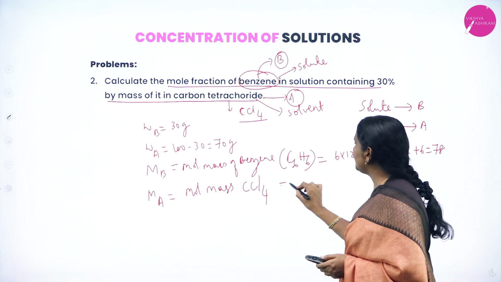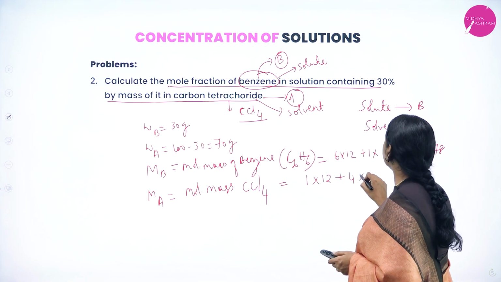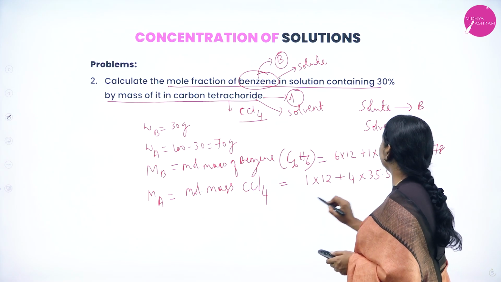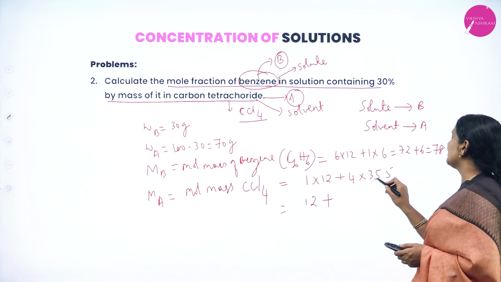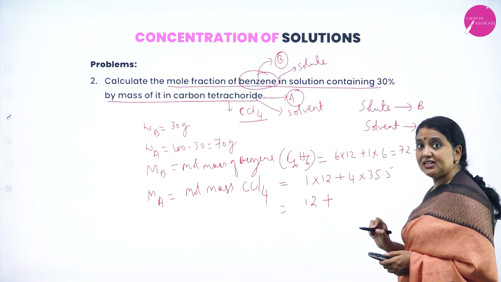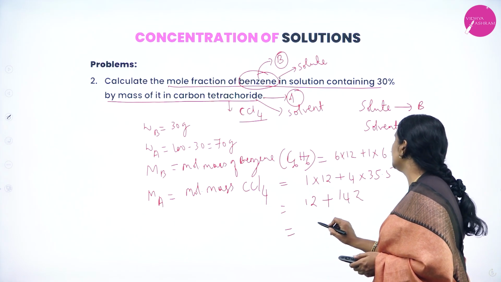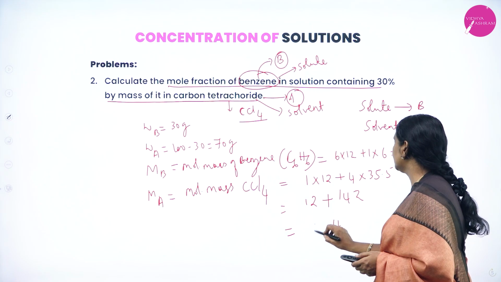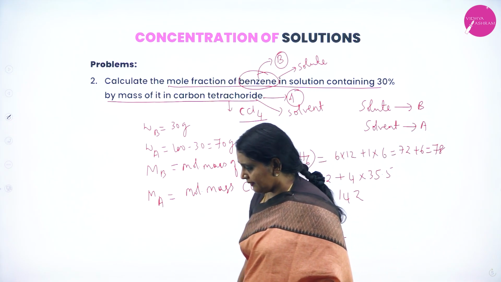The molecular mass of carbon tetrachloride: 1 into 12 plus 4 into 35.5. 12 ones are 12, and 35.5 into 4 is 142. 12 plus 142 is 154. CCl4 is 154.